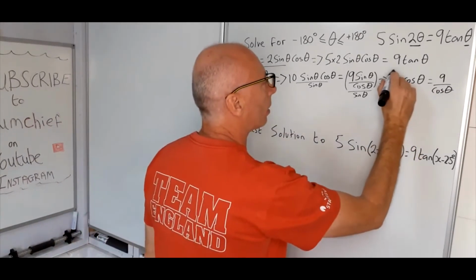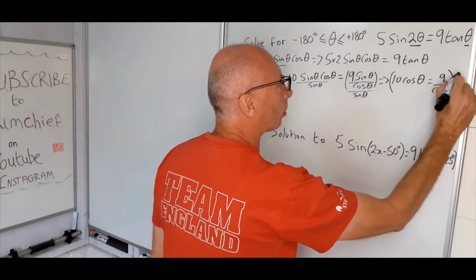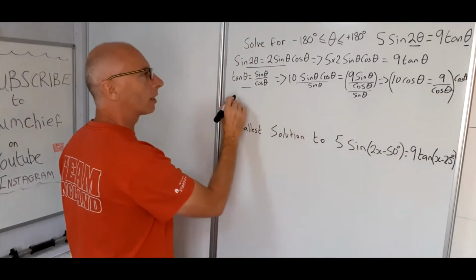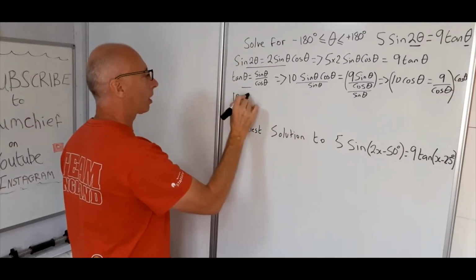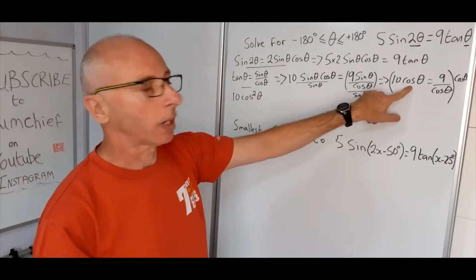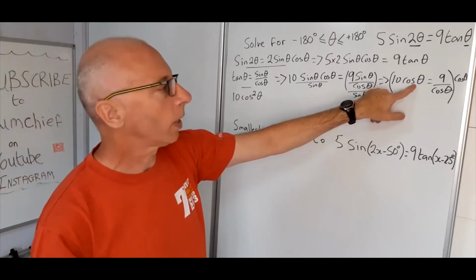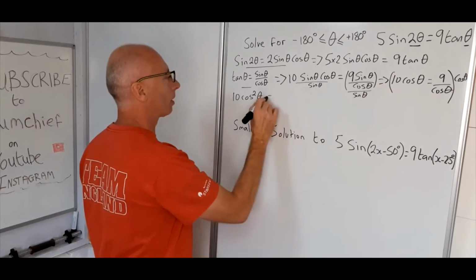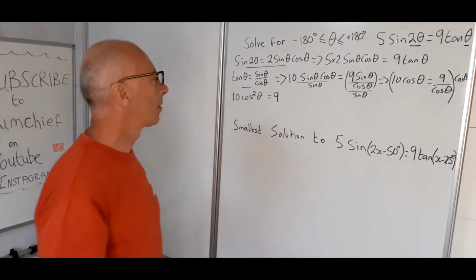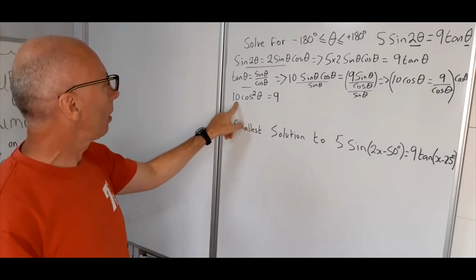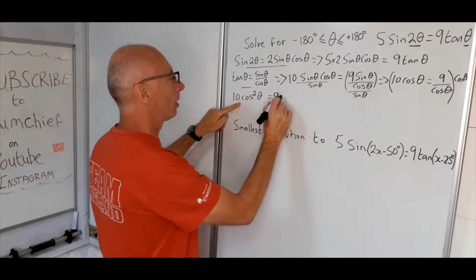So if we take that and multiply by cosine theta, we now get 10 cosine squared theta. Multiplying this by cosine theta will have the effect of cancelling out this cosine theta, so that equals 9. What leaves us to do now is to divide this side by 10.